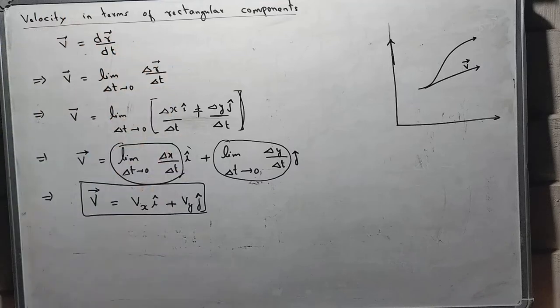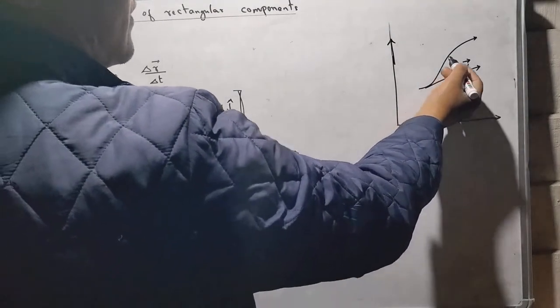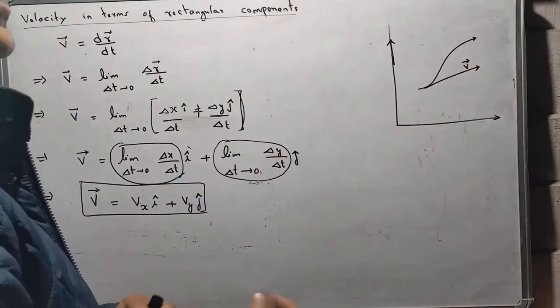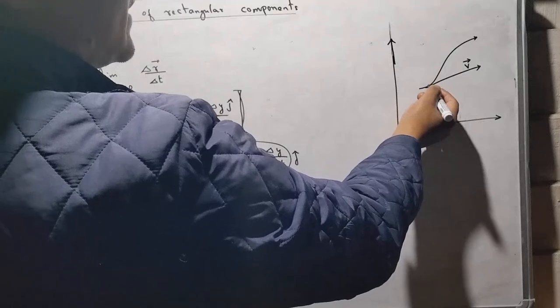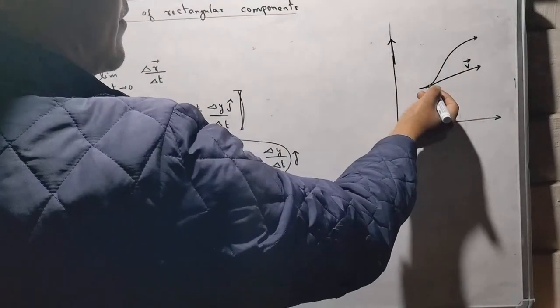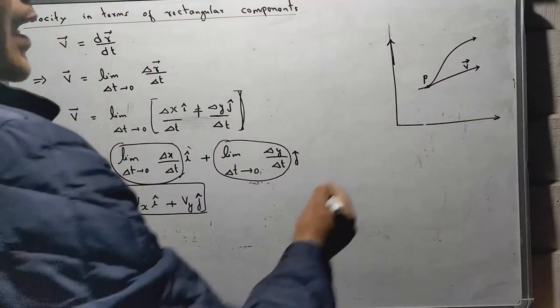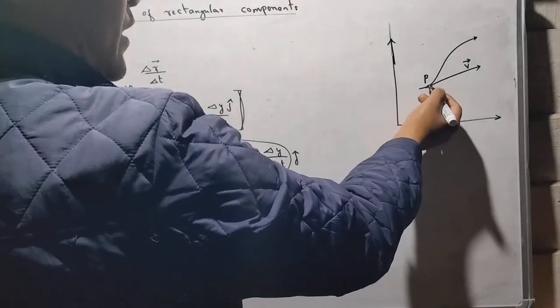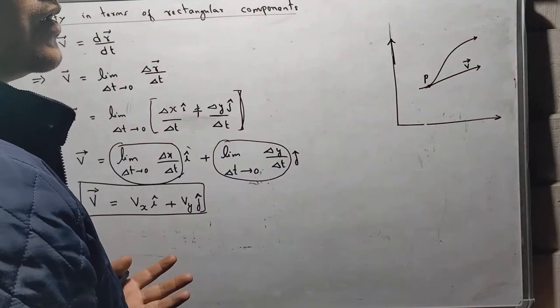Now, when you look at this figure, let's say this curve represents the path along which the particle is moving. Suppose at any instant of time, let's say at this time, the point is P. At this point, where is the direction of the instantaneous velocity?